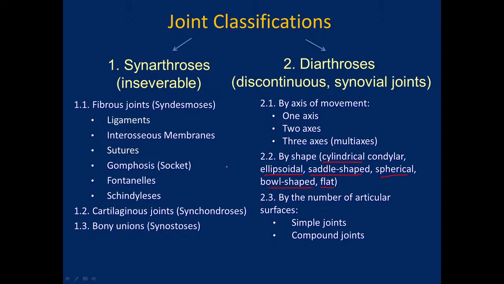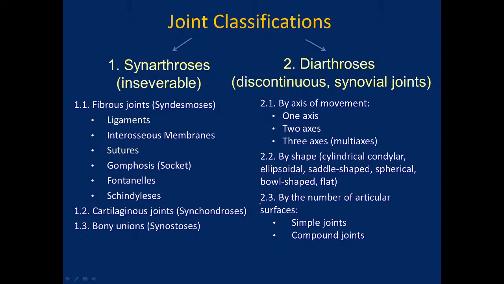So joints may have different shapes of articular surfaces. What does it mean, articular surfaces? These are surfaces on the bones which contact each other and produce the diarthrosis.